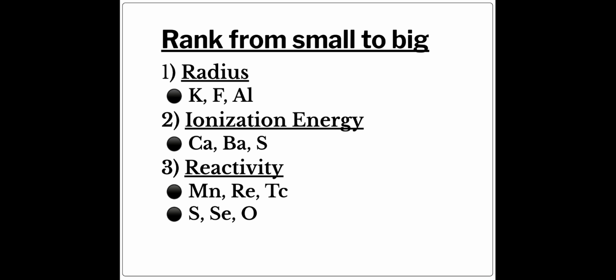And then for number two, order those according to ionization energy, from small ionization energy to a large ionization energy, and then order these for number three according to reactivity. So pause the video and write those orders down, and then continue the video and see how well you did.